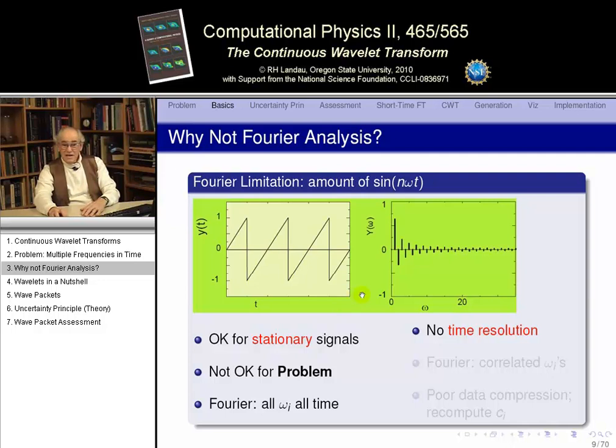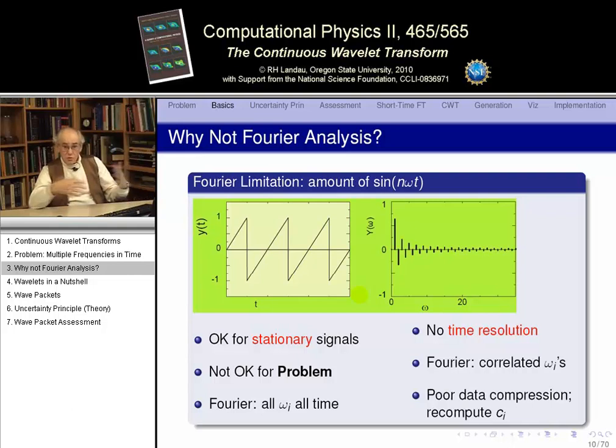And likewise, since the frequencies sine 1, sine 2 occur for all time, there's no time resolution possible with the tool. Furthermore, because all Fourier frequencies occur for all possible times, they're all interrelated. So there's a high degree of correlation among the different components, because all of them are correlated. And so that's not a very good tool for data compression.